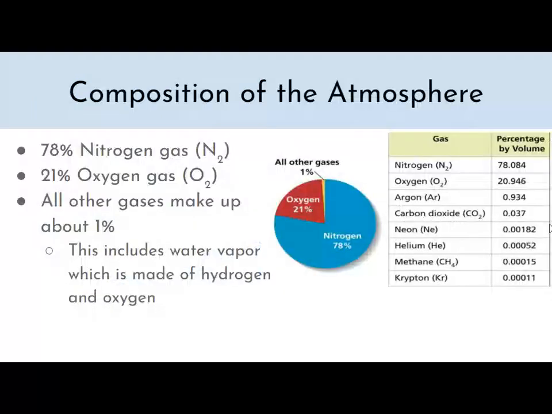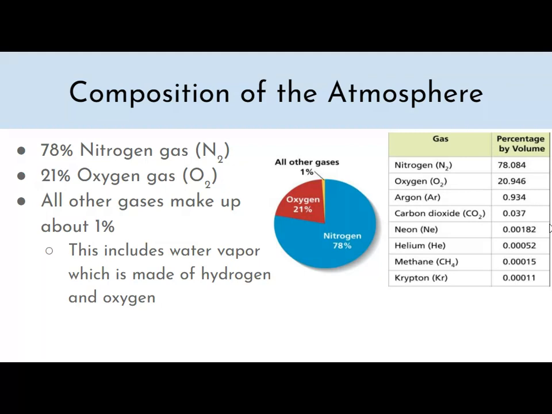All right. So, starting off with composition, you just need these first three really, really big bullet points. This is all pictures. When we think about the atmosphere and the air that we breathe, we normally think about oxygen. But in reality, the atmosphere is 78% nitrogen gas. So there is a lot more nitrogen in the atmosphere than there is oxygen.